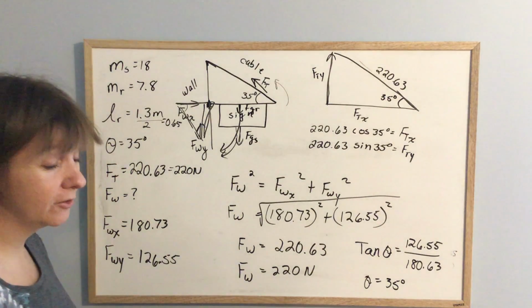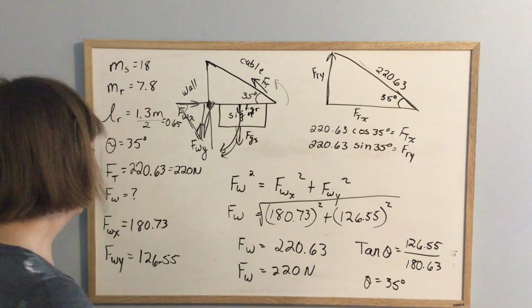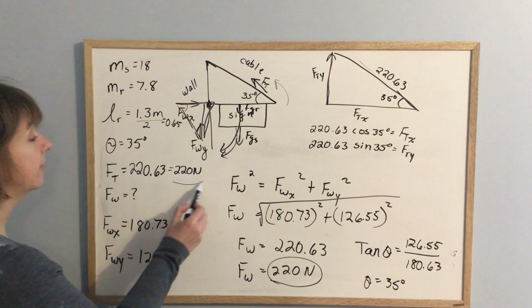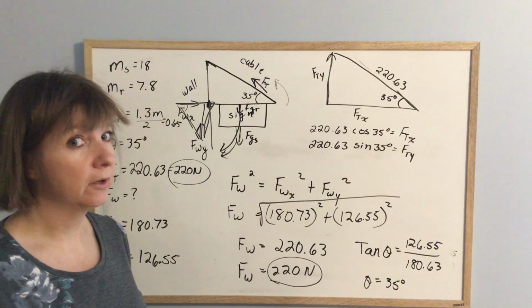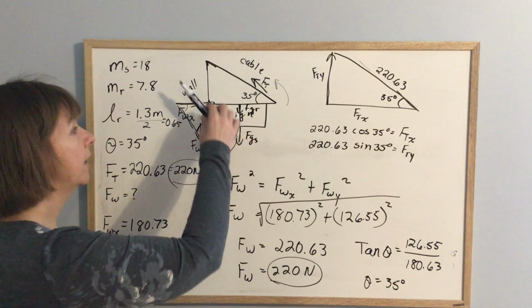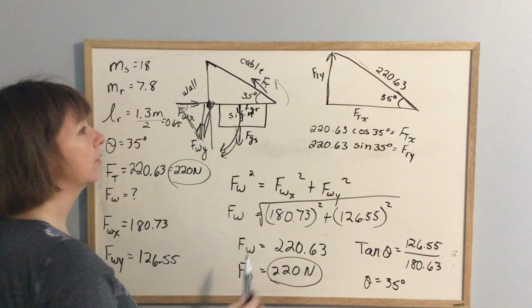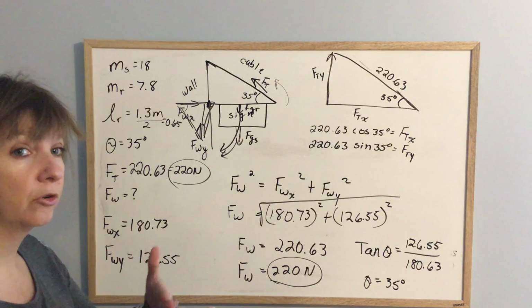Now here's what I want you to notice in this. When I figured out my total force of the wall, it was the same as the force of tension. It should be. Because if the force of tension is working this way, then the force of the wall is going to have to work exactly opposite to that in order to counteract it.